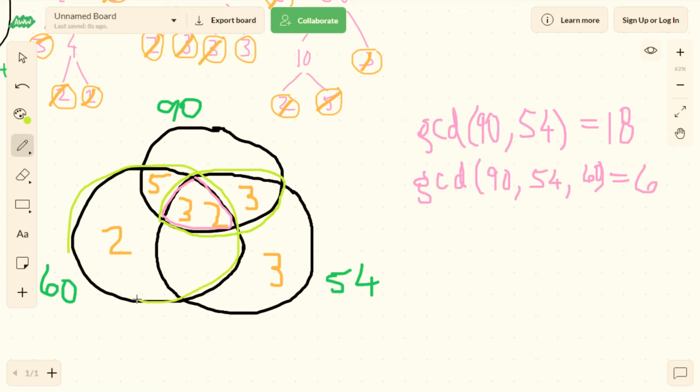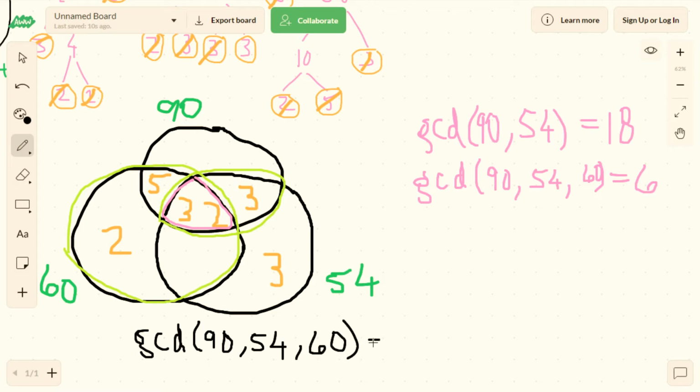In fact, it is the intersection of those 2 zones. Let's think about what those zones are, because it's just going to be the GCD of that, whatever it is, right? So we'll say that here, GCD of 90, 54, and 60.